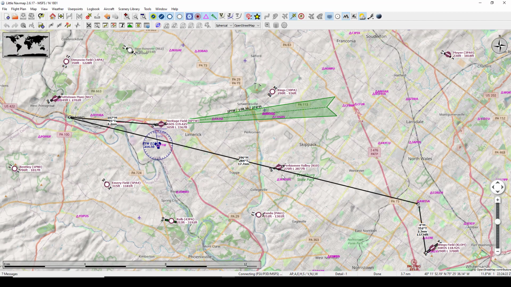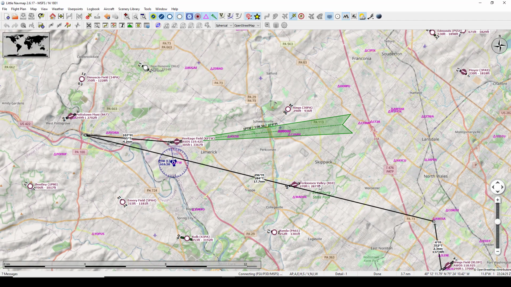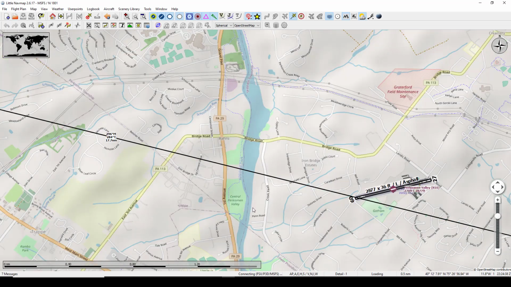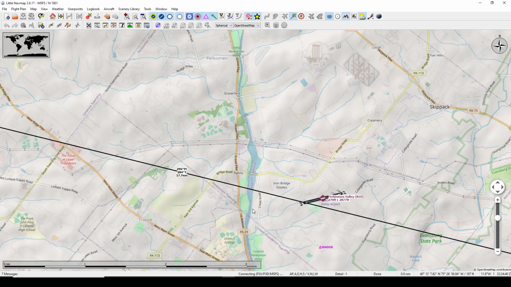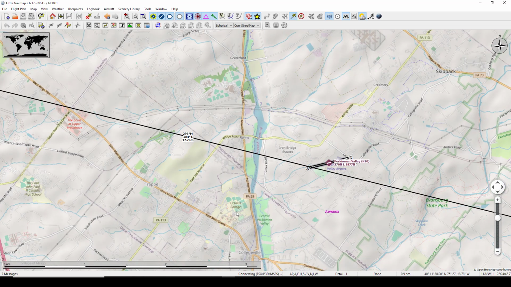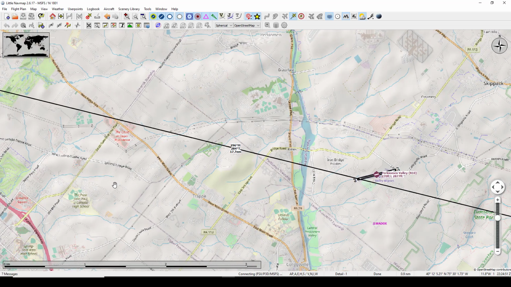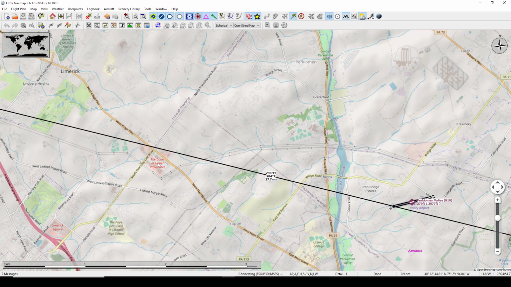And then we'll expect to fly over this Perkiomen Valley Airport right here. And right after that, maybe we'll notice the Perkiomen Creek. And we can look for Ursinus College, maybe a little bit to the left right after the airport. Maybe we'll notice this high school over here. Some shopping.